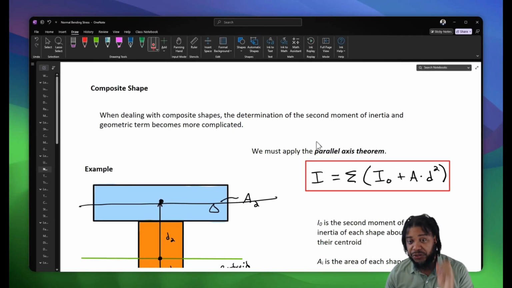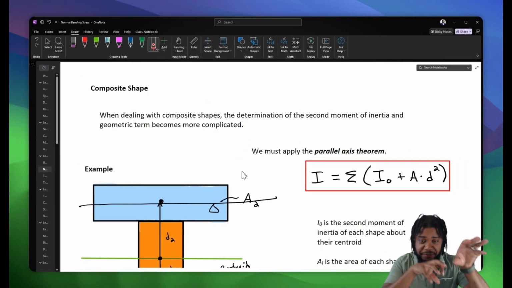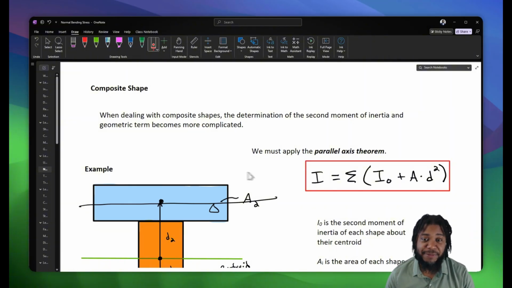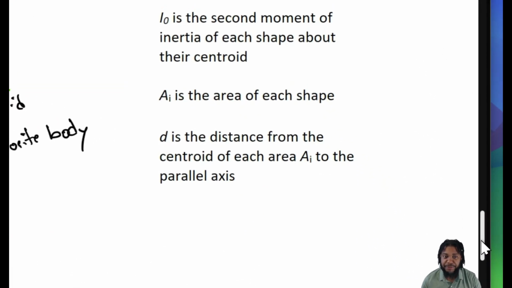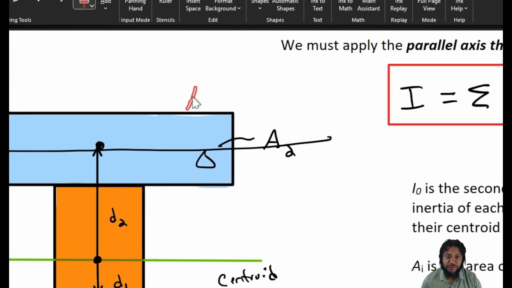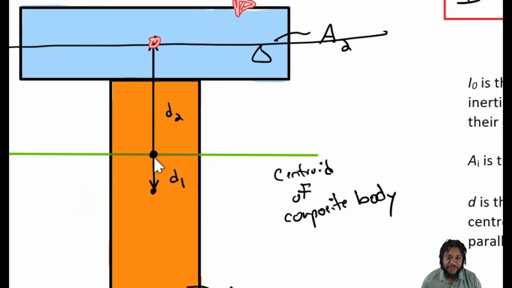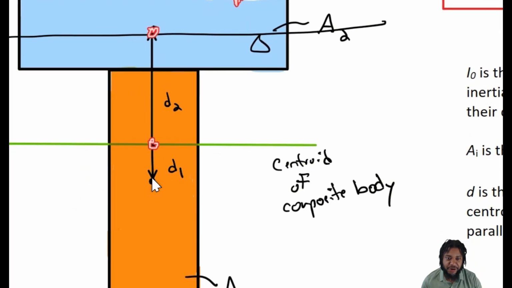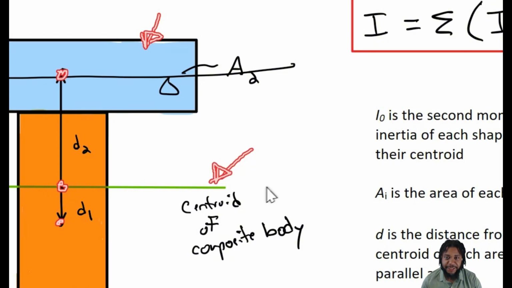We have to apply what is called the Parallel Axis Theorem in order to join, like Legos, these different shapes and get a single moment of inertia for a complex shape. An example here is a T member, which consists of two rectangles that have different centroids and are at a different location with respect to the centroid of the composite body.